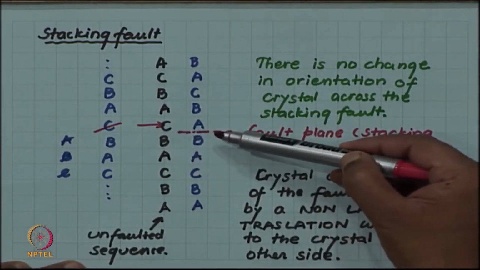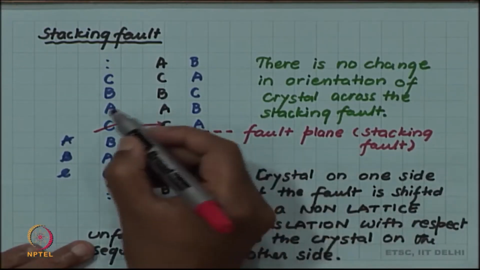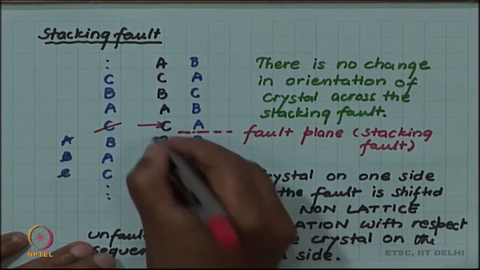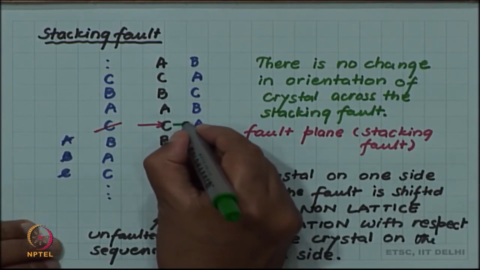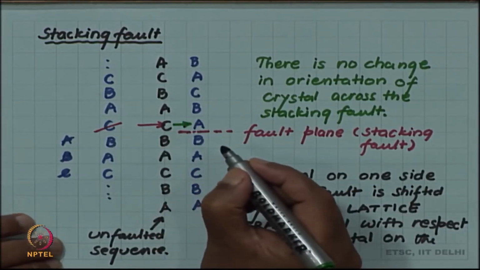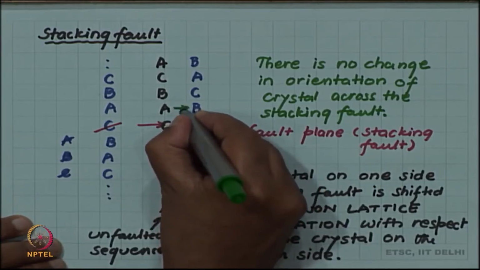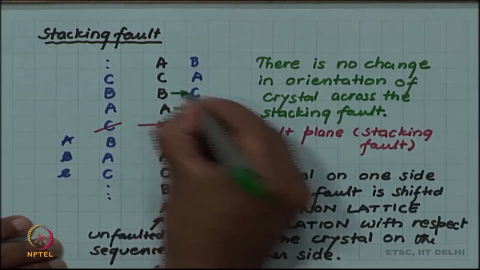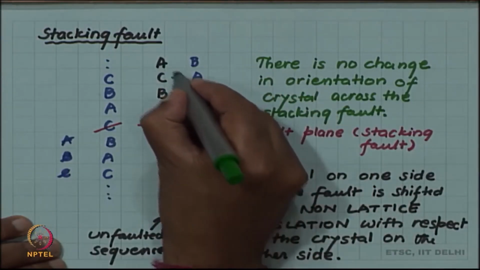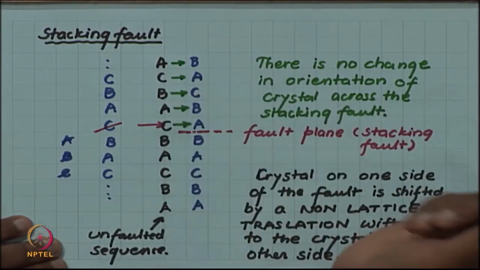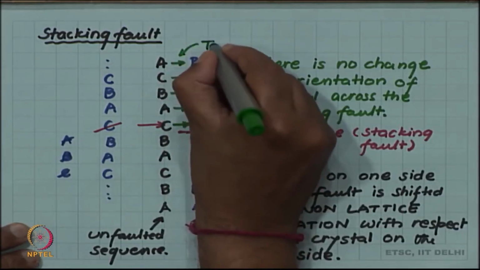The fault begins from the fault plane, where instead of a C plane we now have an A plane. So, the shift which you have is what takes you from a C plane to an A plane. So, a translation which makes a C plane into an A plane will also make A into B and B into C, and the same thing will continue, C into A into B and B into C. So, this is the translation.